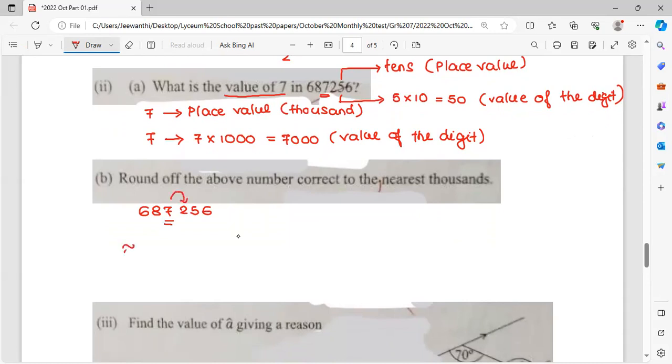If that number is less than 5, we don't add anything to the underlined number. We just write the underlined number as it is. And then you can write 3 zeros. And here you write that this answer is to the nearest 1000.